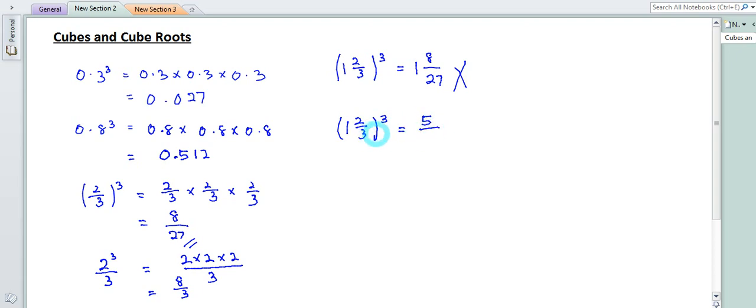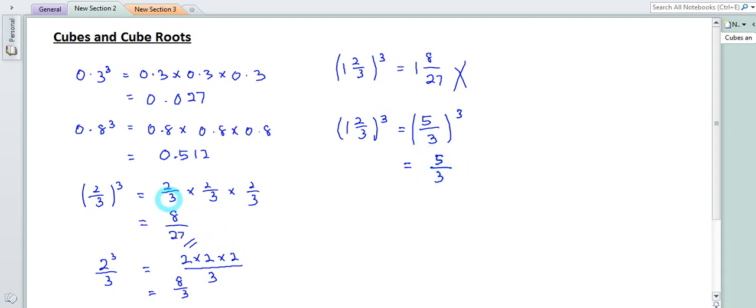And the denominator, we just keep it as 3, still the same. Okay, not 5, this is 3. This is 3. Then you can write it like this.